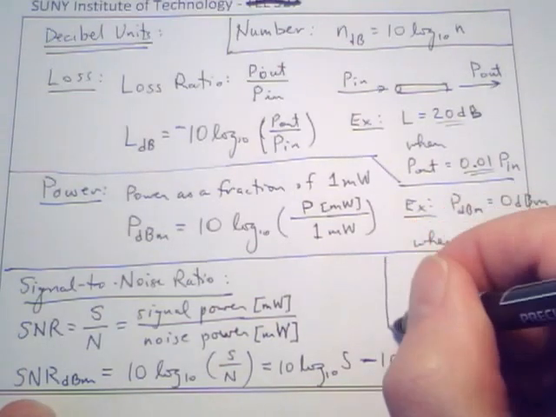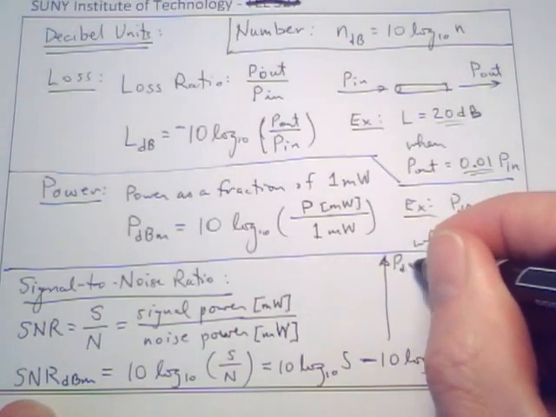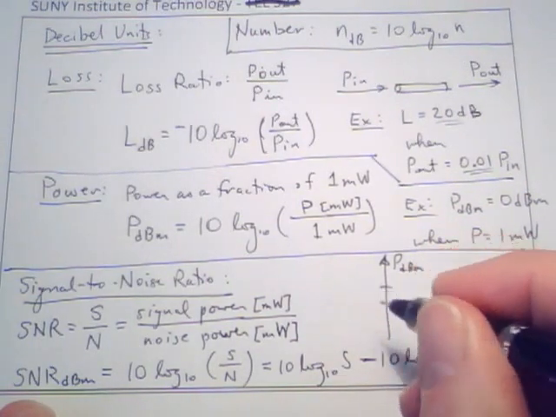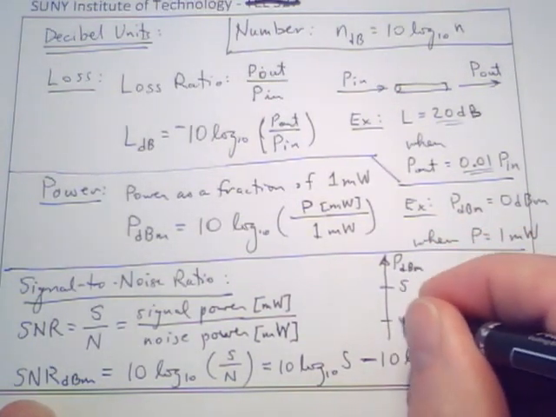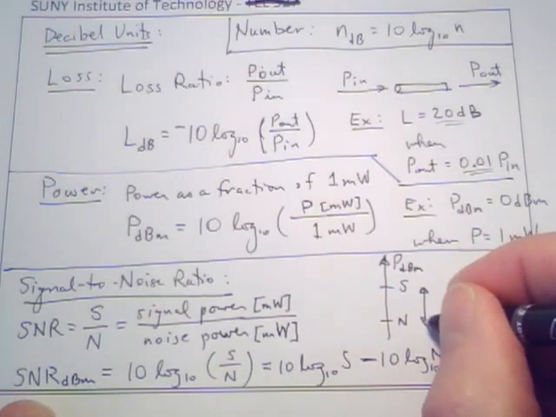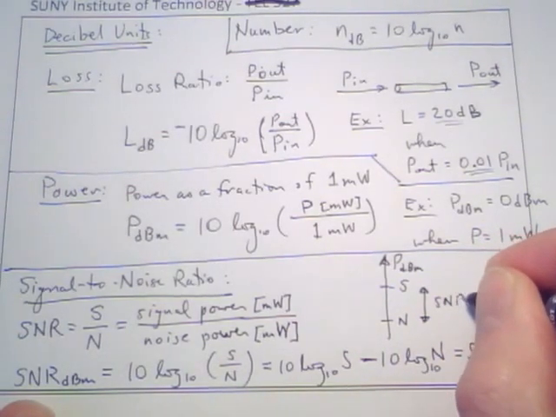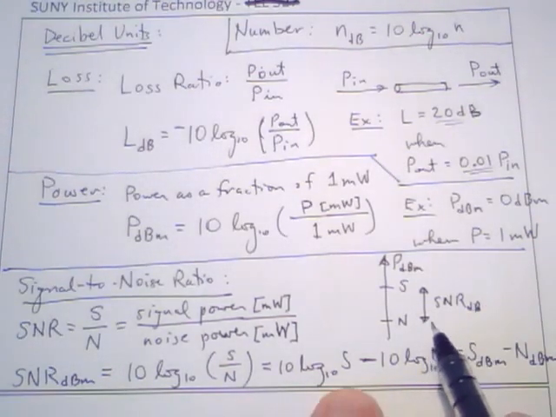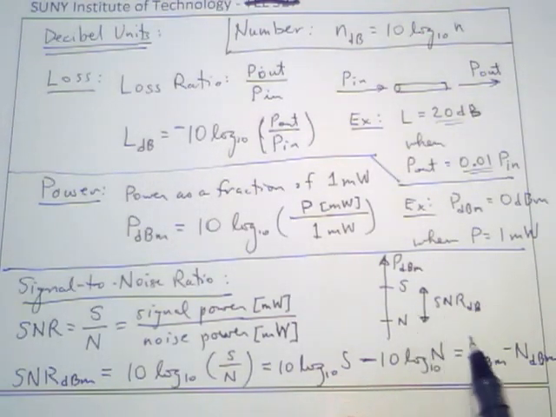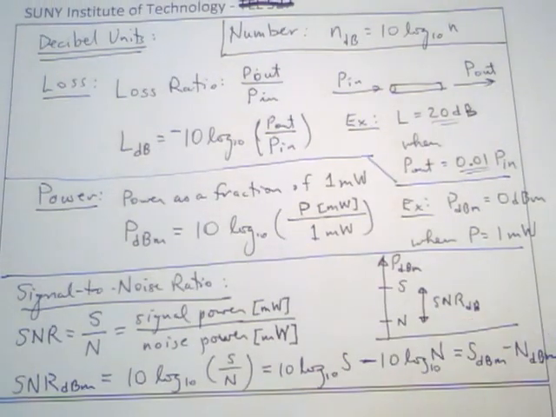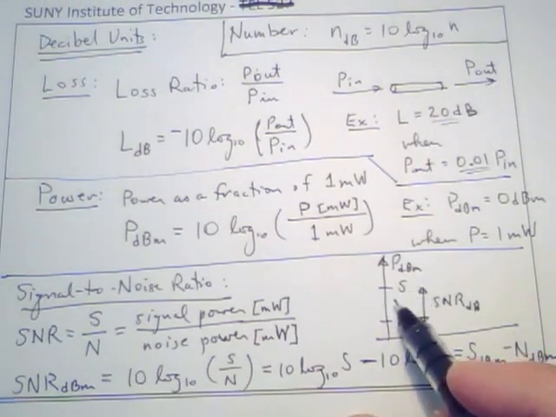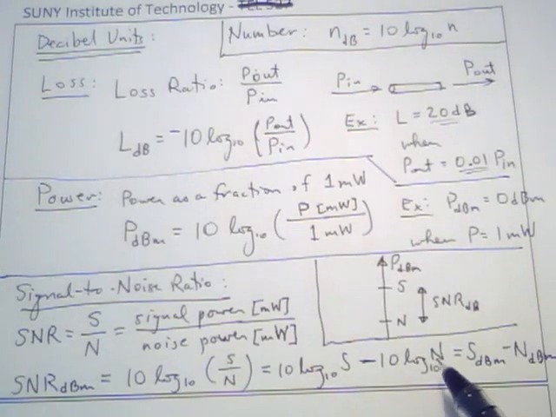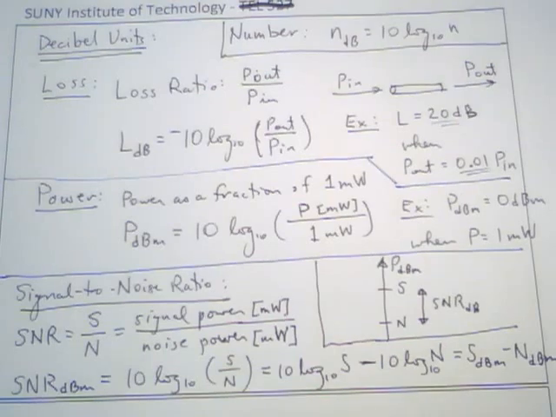This is why we can make a number line, which I usually draw vertically, of signal power and noise power, and it's just the difference of the two that becomes the signal to noise ratio in dB. This is fundamental to the way we work with power and loss in our problems where we're doing loss budgeting.